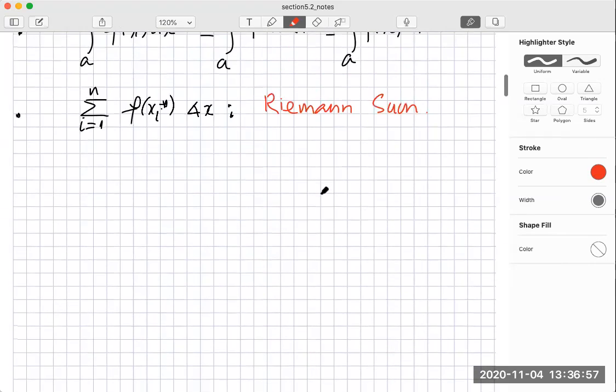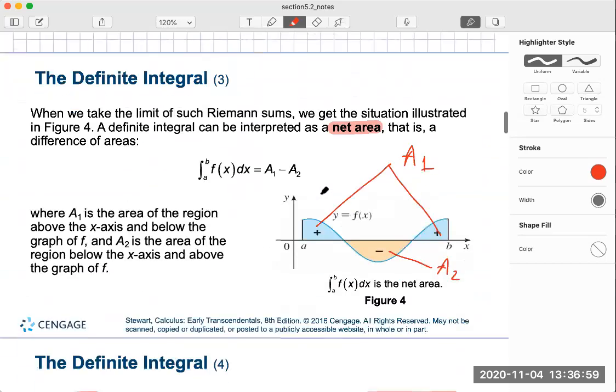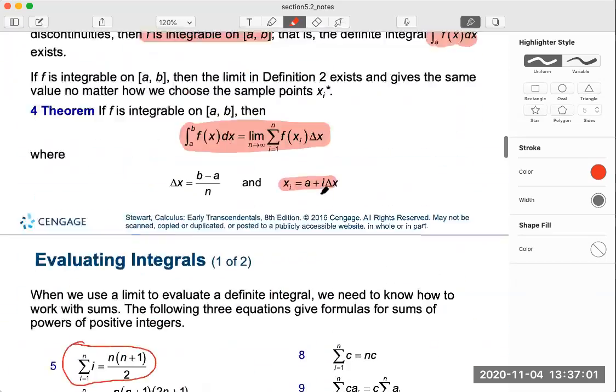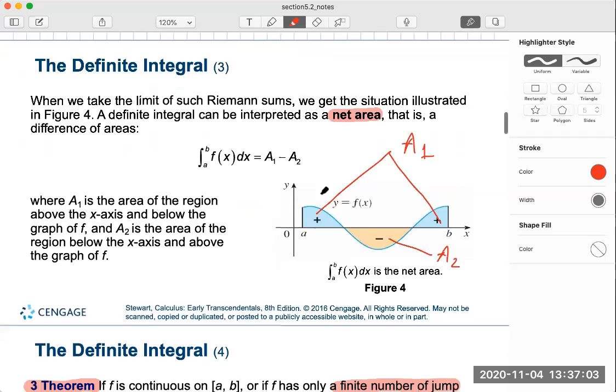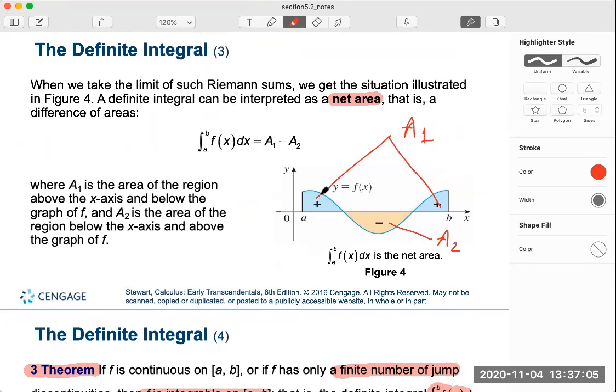It is called the Riemann sum of this. And here, for the integral of a curve, sometimes the graph is positive and sometimes it's negative. So the integral of this will give us the net area of the curve on that interval, right? Very good.